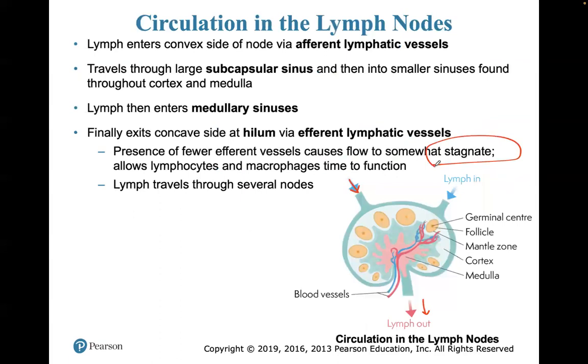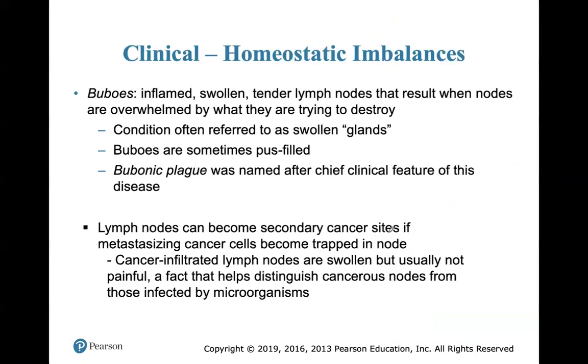And this is the time when the lymphocytes or macrophages in the lymph get the time to function, for example, get exposed to pathogens. So it is important to have more entry points compared to exit points.